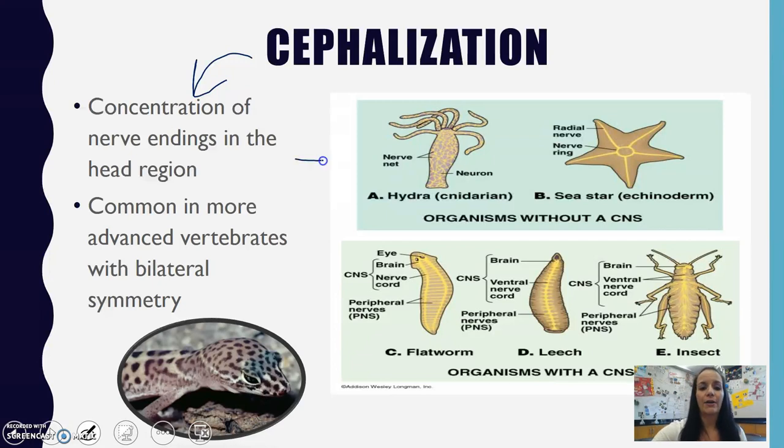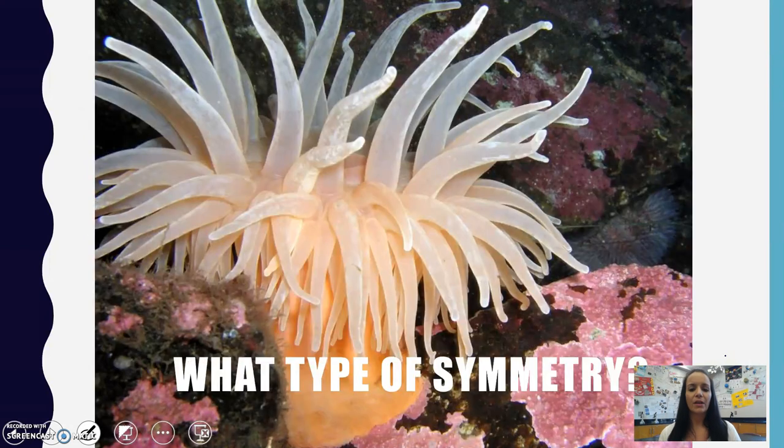So if we look at this diagram here, animals like a hydra, which is in the jellyfish family, or a sea star, they really don't have a brain or a concentrated nerve area at the end. They also don't have bilateral symmetry. But you look here at a flatworm, a leech, an insect, they all have that concentrated nerve ending in their brain, leading to cephalization.